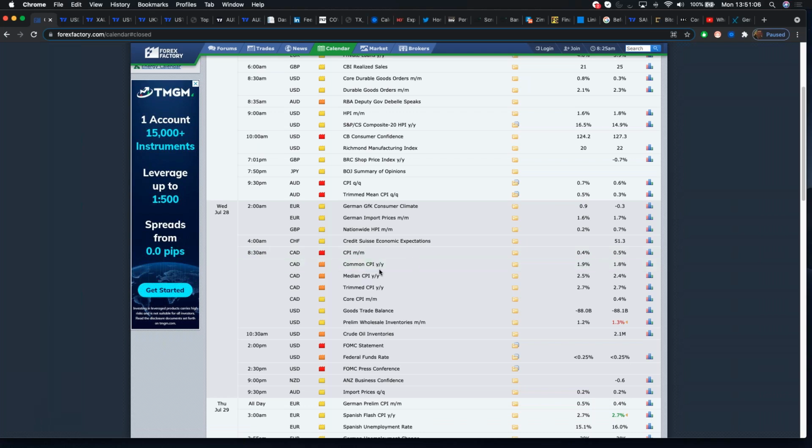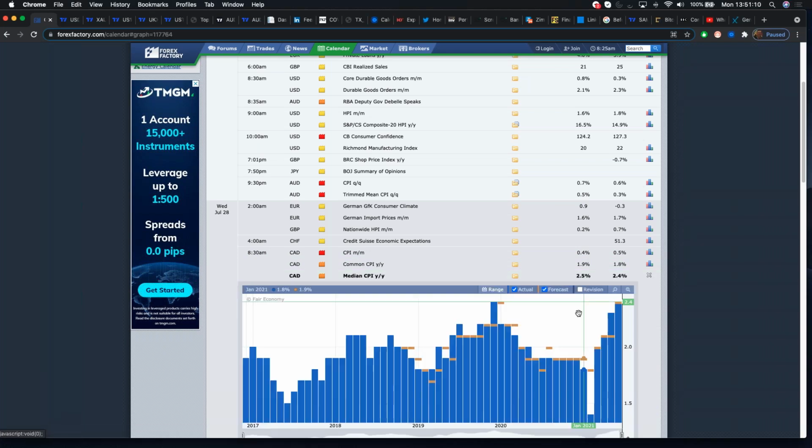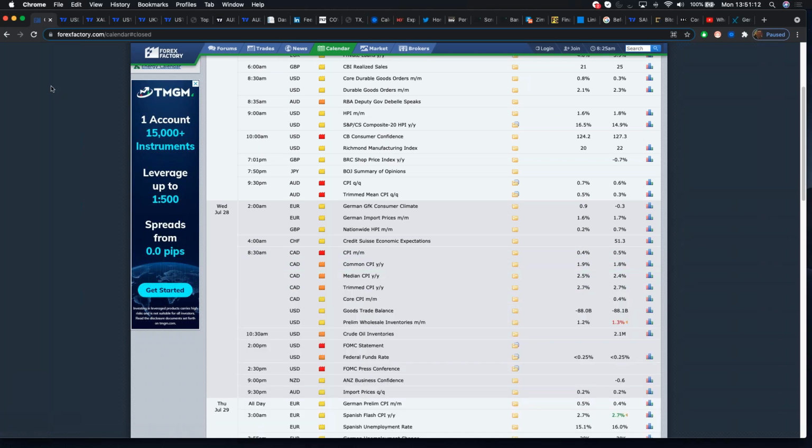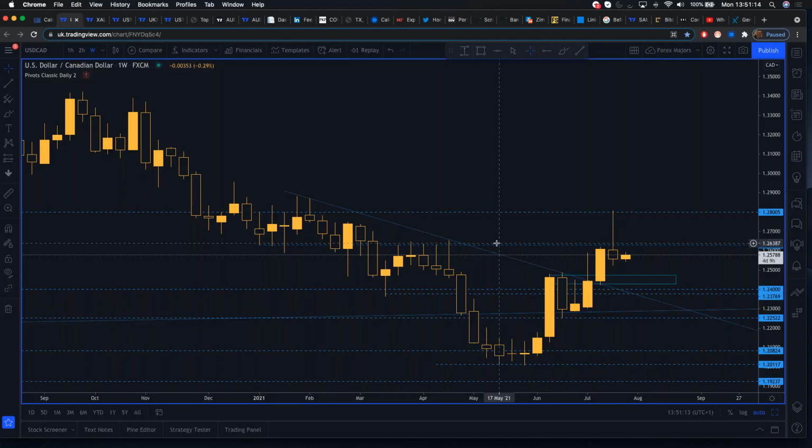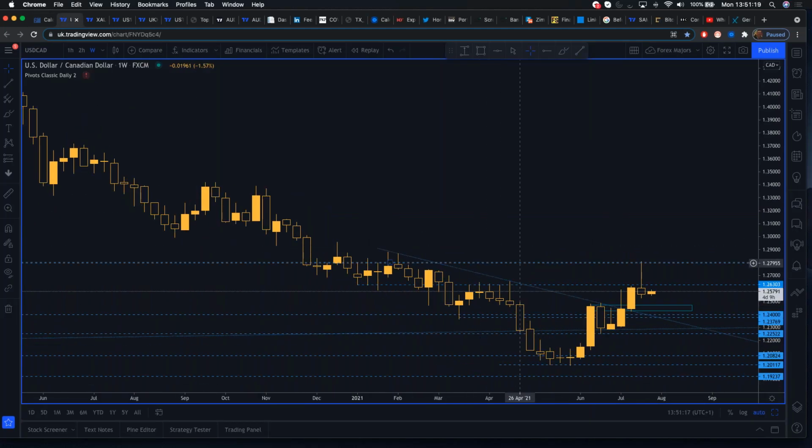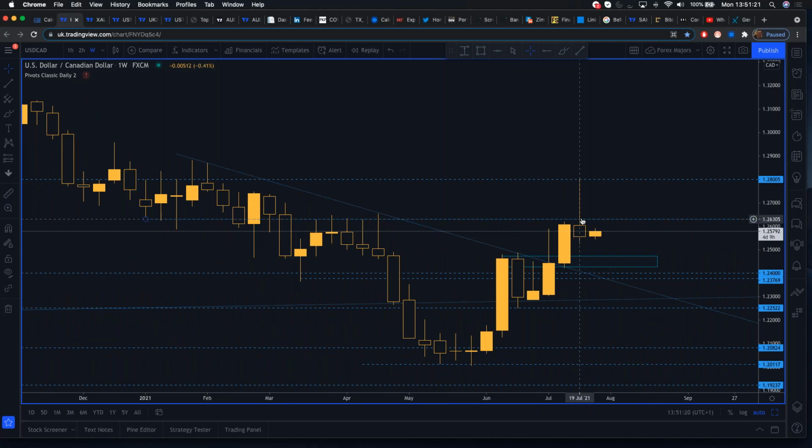If the median comes in above, let's say, 2.7%, then we'd expect US dollar CAD weakness. We need two things: a bearish Fed and a strong GDP. That bearish pin bar is essentially opening up downside in the pair potentially. So look out for that.